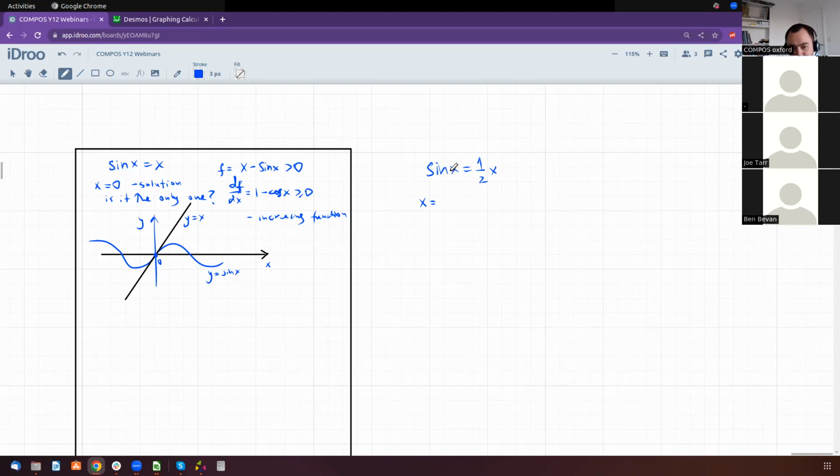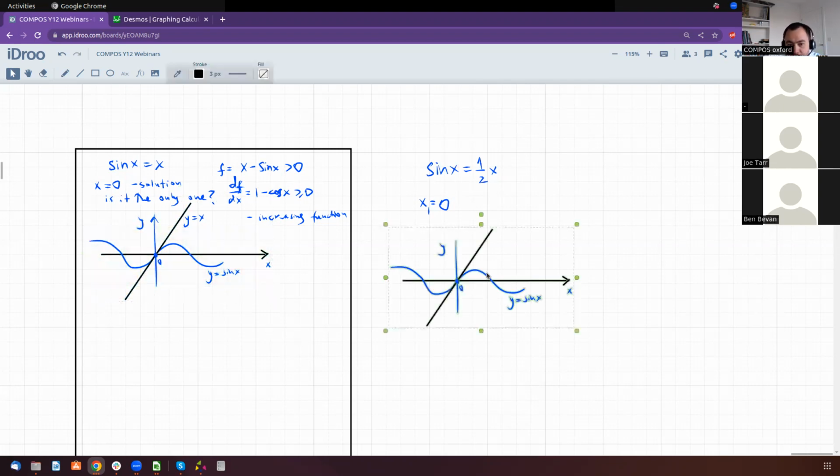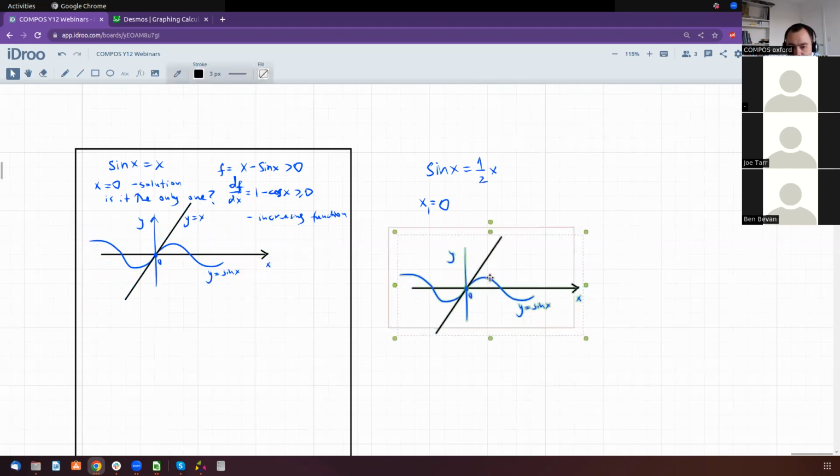Oh, not 4. Well, one of the solutions is 0. x is 0 is definitely a solution, because if you put 0, sine 0 is equal to 0. So the difference between the two is very small. It's a very small difference.